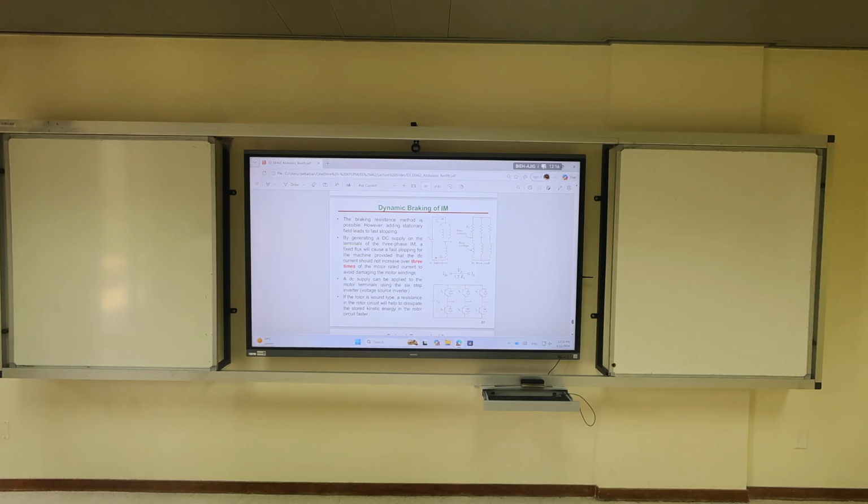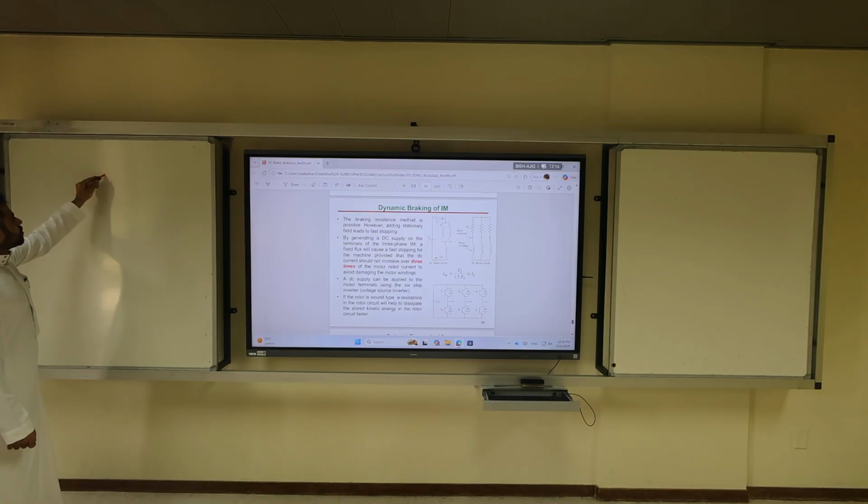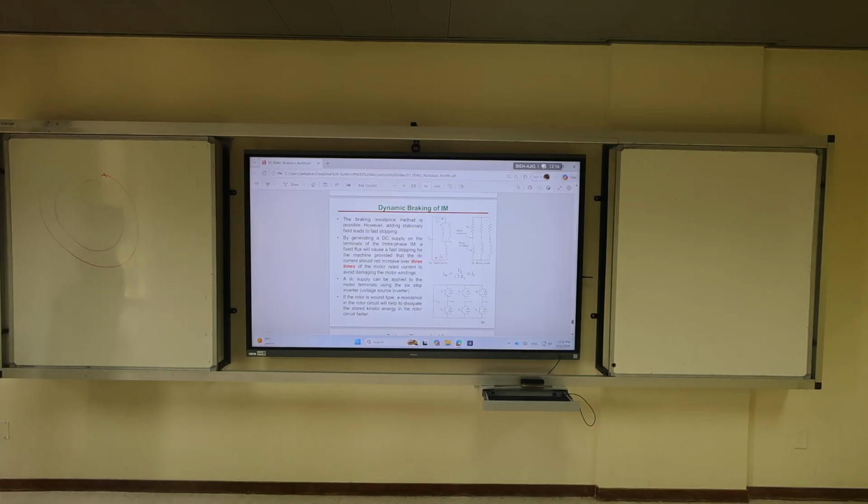How does this work? Do you remember when we talked about the induction machine in general, we said we have the stator and we have the rotor. Right? What we said is you apply AC, then you're going to have a rotating MMF. Right?